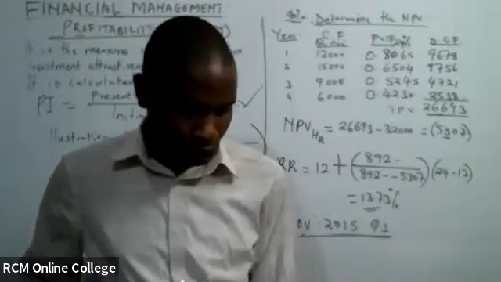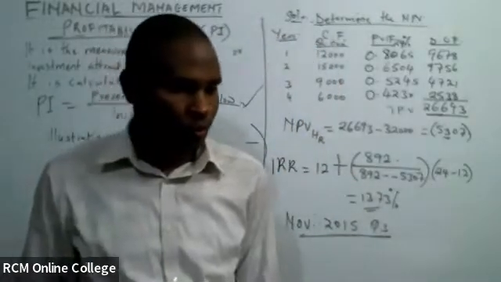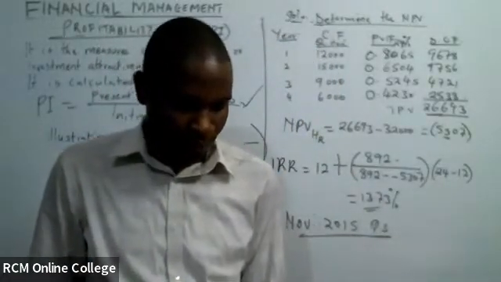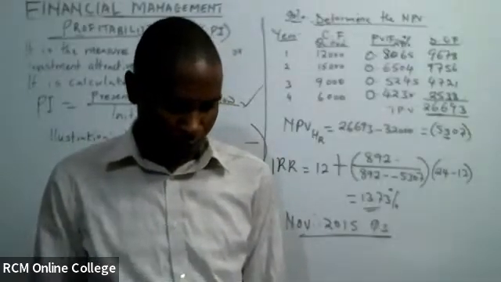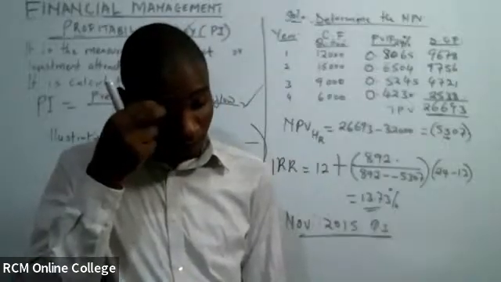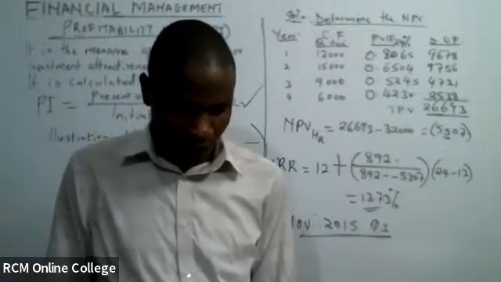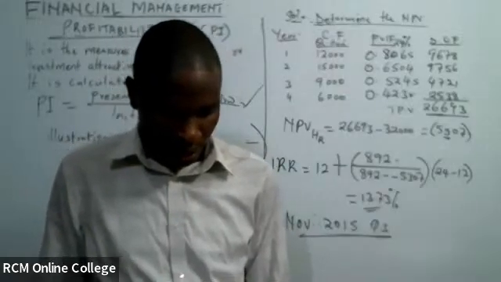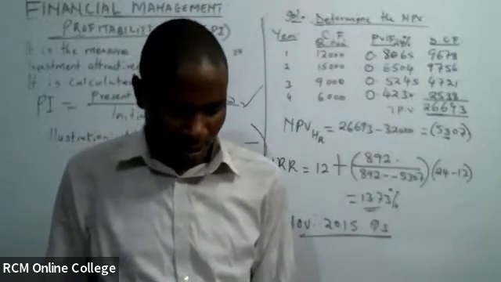So, in that question, if you look at it very well, what is our cash flow? The initial outlay is 65 million.